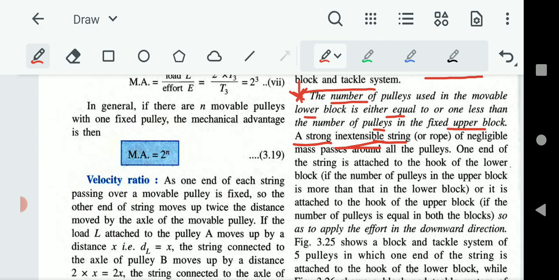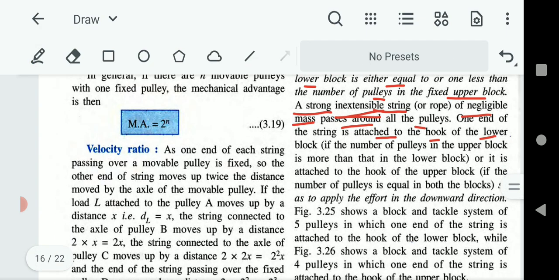A strong inextensible string or rope of negligible mass passes around all the pulleys. One end of the string is attached to the hook of the lower block. This is another important topic. See here, one end of the string is attached to the hook of the lower block if the number of pulleys in the upper block is more than that in the lower block, or it is attached to the hook of the upper block if the number of pulleys is equal in both the blocks.